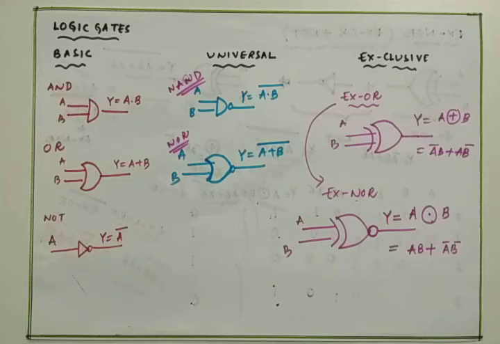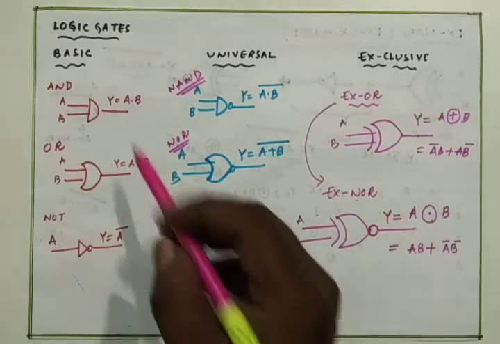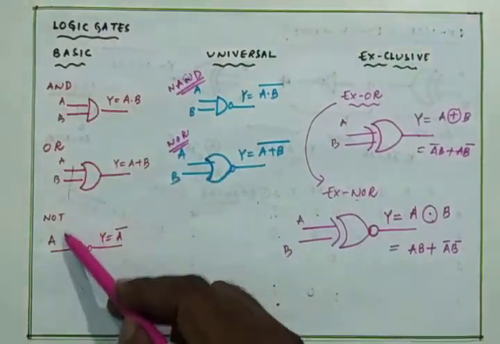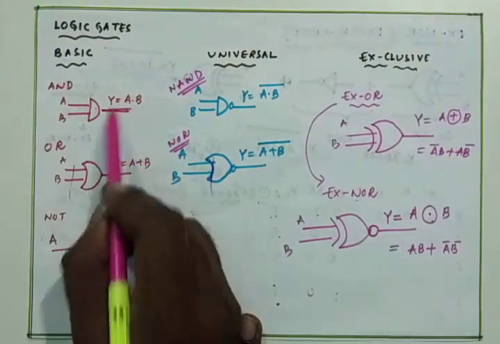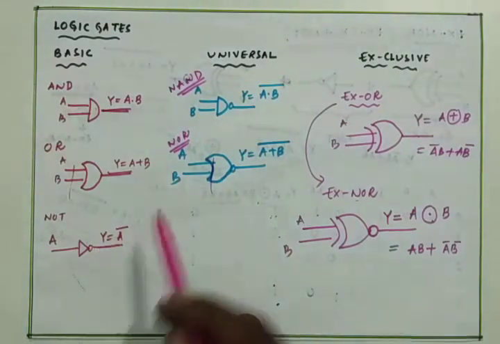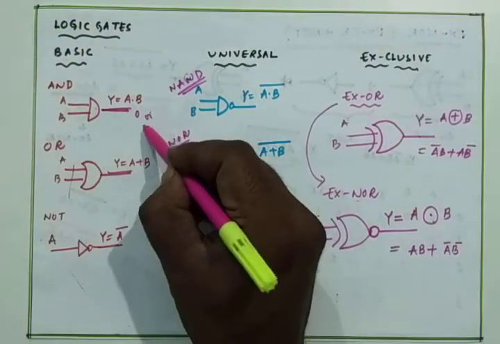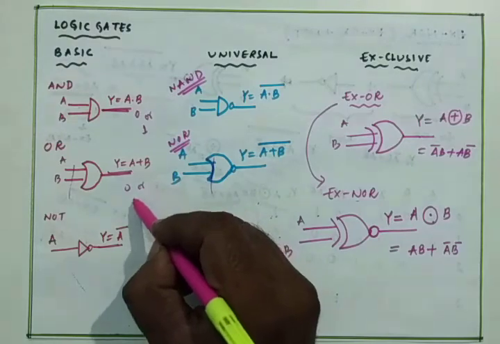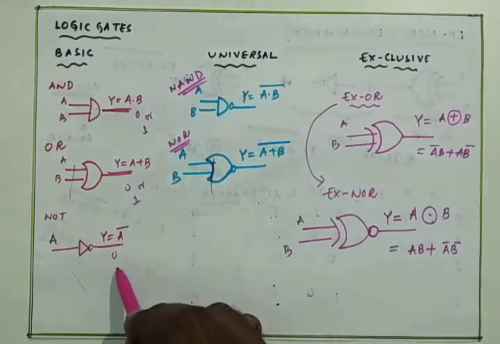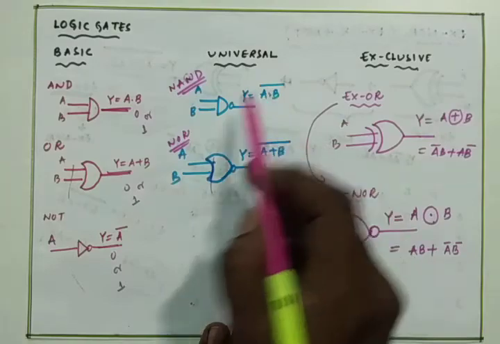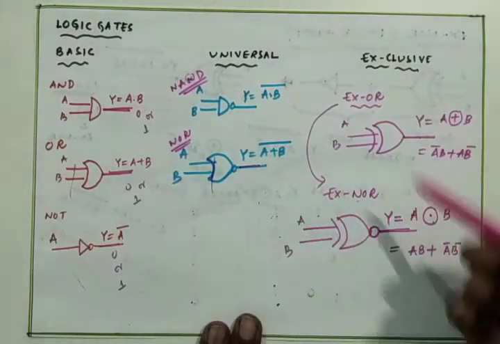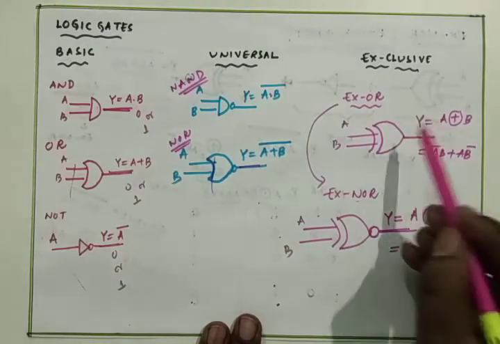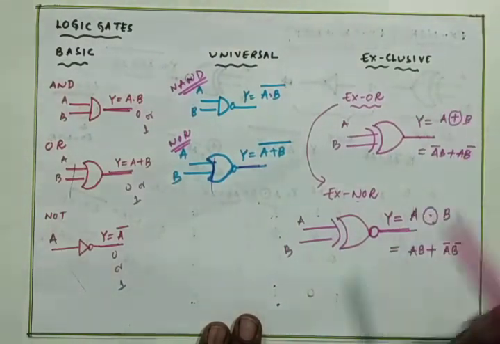The key point to be noted is that whatever the number of inputs of a logic gate, the output will be driven through only one output line. That output may be either 0 or 1 only.